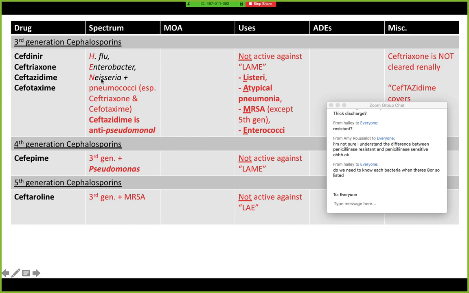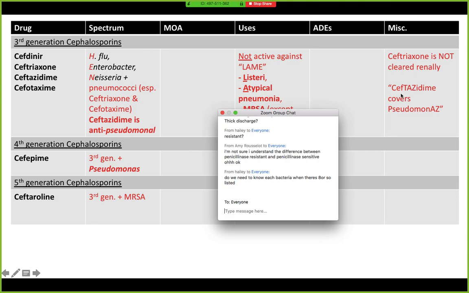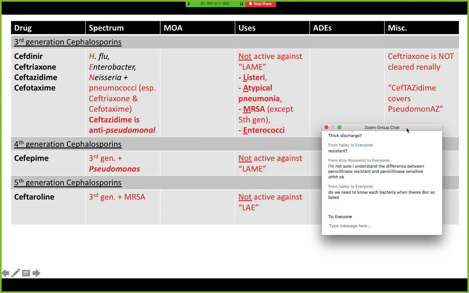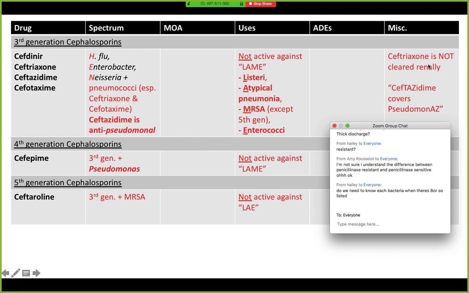Okay, third generation, you're going to get HIN plus your pneumococci, and then ceftazidime is anti-pseudomonal. Kind of a trick for this: ceftazidime covers Pseudomonas. Also don't forget, ceftriaxone is not cleared renally, so it's very popular because you're not going to have to monitor renal function.